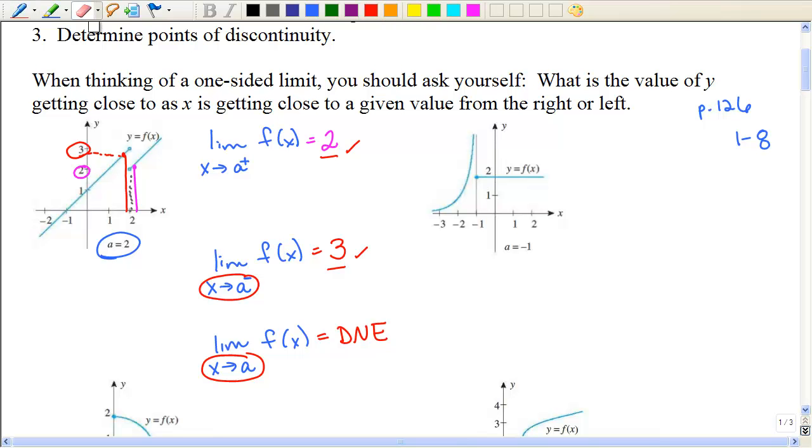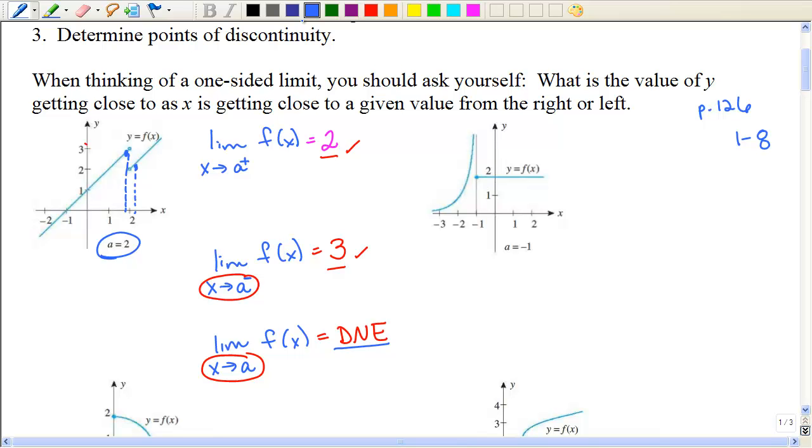In fact, if we were to go look at our technique from section 2.4, a little bit bigger than 2, we're here, a little bit less than 2, we're here. Those are not the same values, and that's why that limit does not exist.